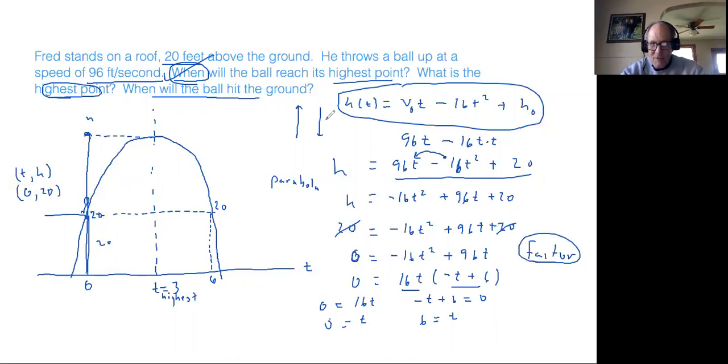Now, in order to find the next part of the question, all we have to do is take the 3 and plug it into t, and that will get us the highest point. Let's do that.